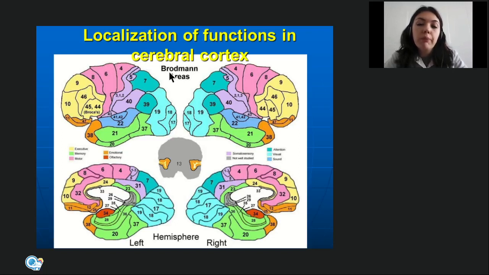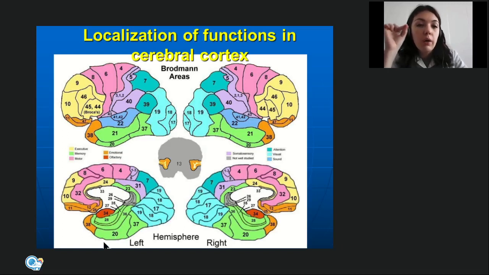He divided the whole cortex of the cerebral hemispheres into 47 regions, and these regions are known as Brodmann areas. If you decide to become a neurologist or neurosurgeon, you will have to know this division very well. For us, we have to know just the main cortical centers.